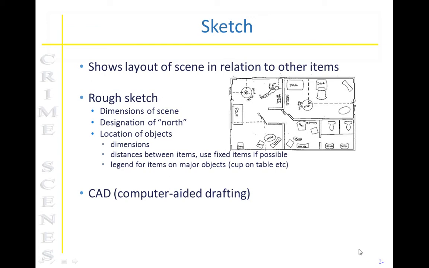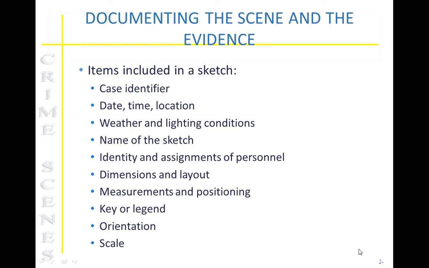So instead of labeling every table and every chair with table and chair, it may only have a single letter on it, and then that letter designating in the legend exactly what that item is. A lot of rough sketches may be taken back to an agency where a computer-aided drafting program could also be performed for that sketch itself.